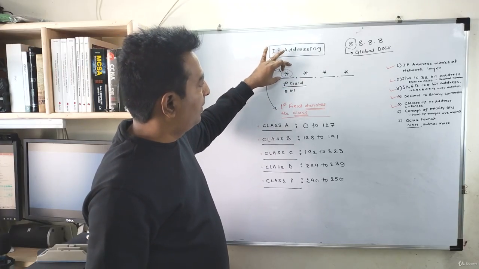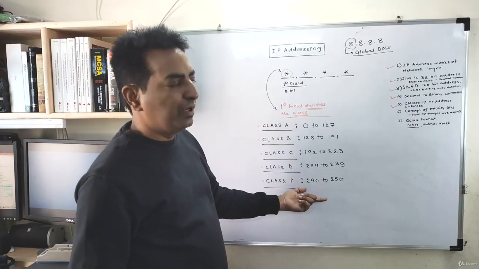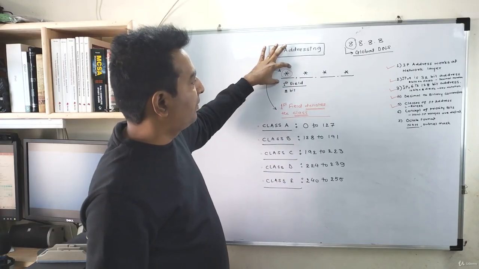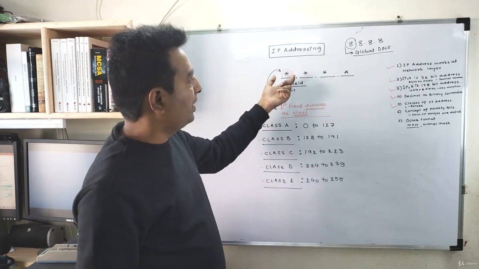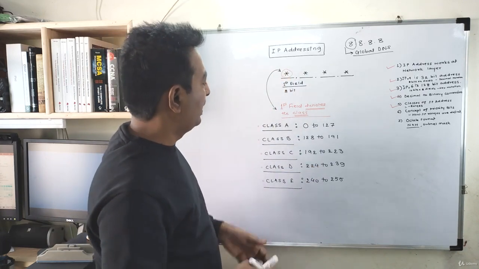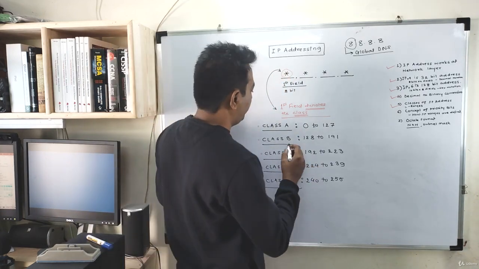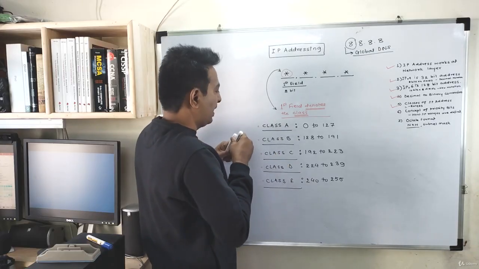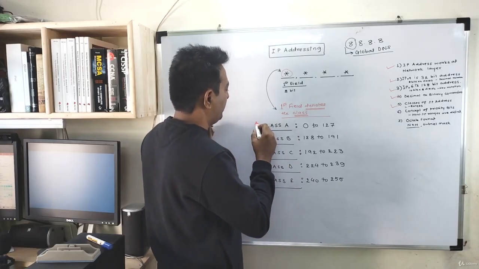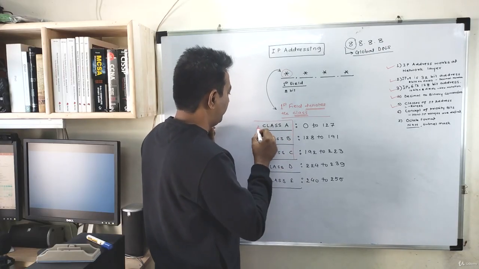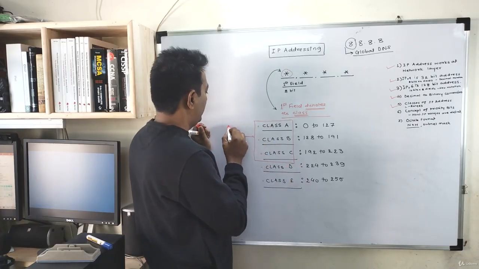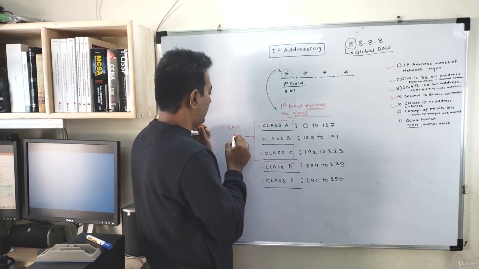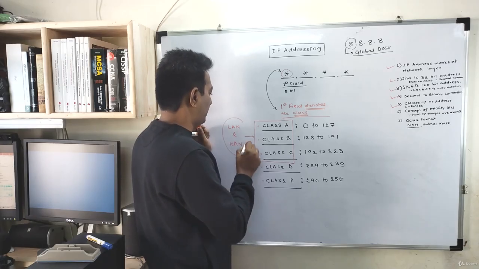So on the basis of that range, you will have to just identify the first field and find out the range within which the number falls, and looking at that you can identify the class of the IP address. So these are the first three classes which are used in local area networks and wide area networks.